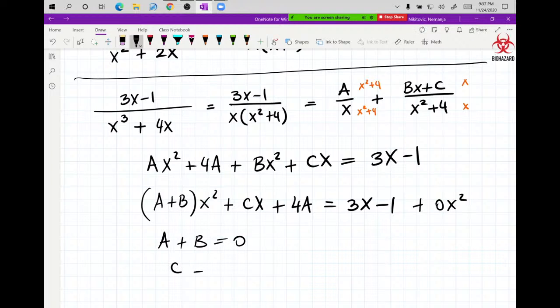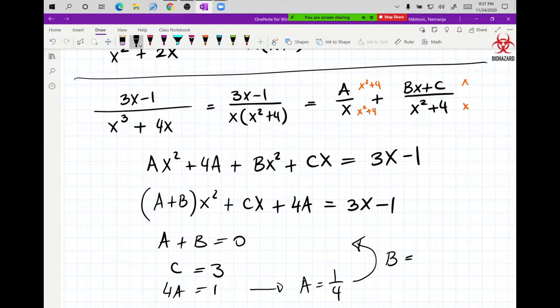Then your C is equal to 3, and your 4A is equal to 1, because this is a constant term, and that's the constant term, right? So you have that your A from here is equal to 1/4, which immediately means that B is negative 1/4, so they can add to 0.